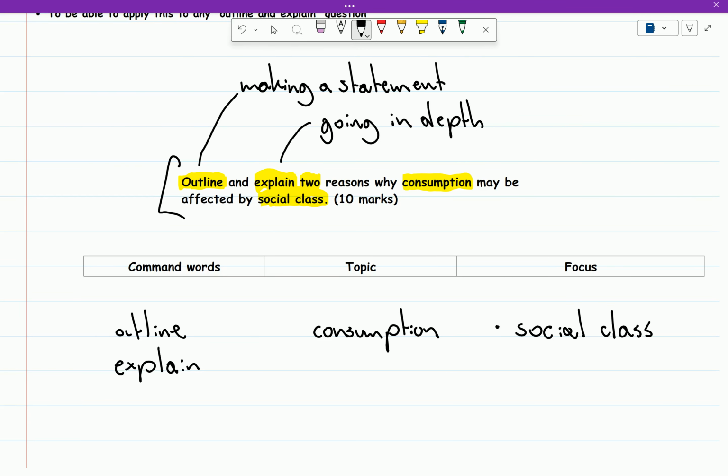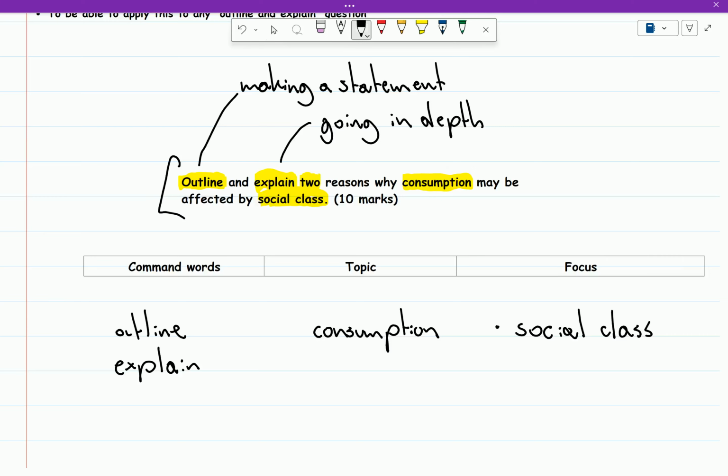So for the focus, your best bet is to look at the concept that is affecting the other concept. So how is concept A, social class, affecting concept B, consumption? And just a quick point here, the focus can often be switched into whatever. So this question could have easily existed in a different manner.